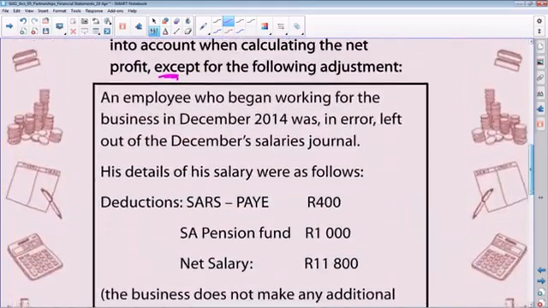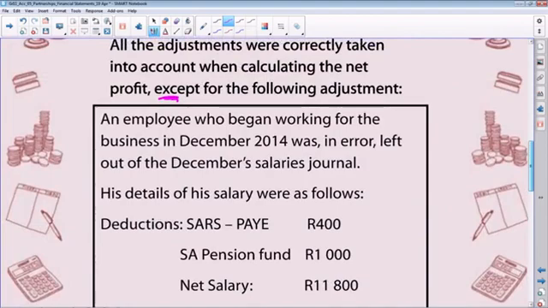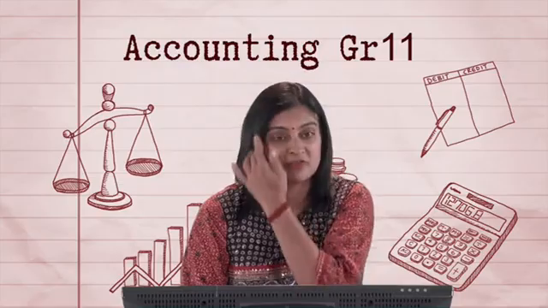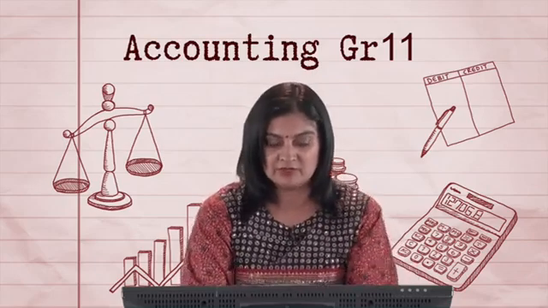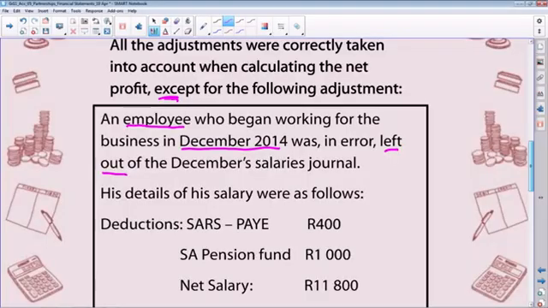Right, an employee who began working for the business in December 2014 was in error left out of the December salary journal. Quite sad to be left out of the salaries journal for December. But anyway, let's read on. The details of his salary were as follows.